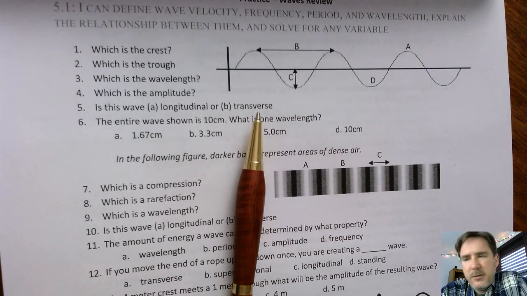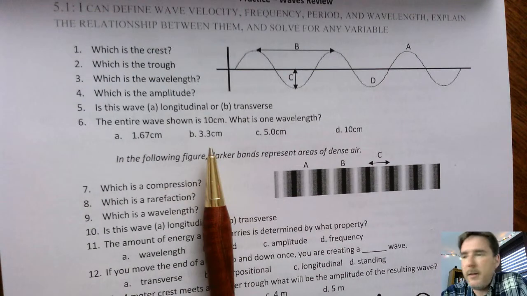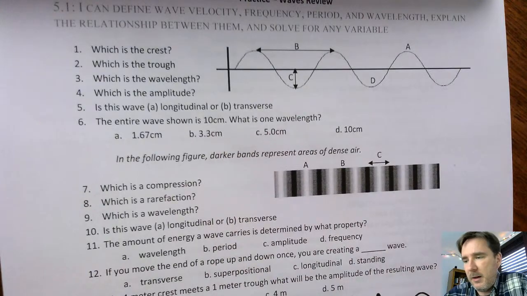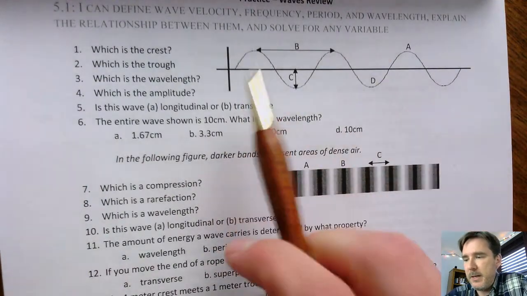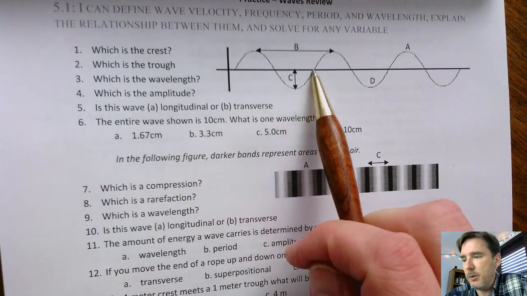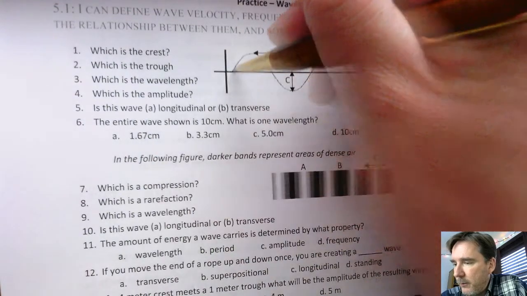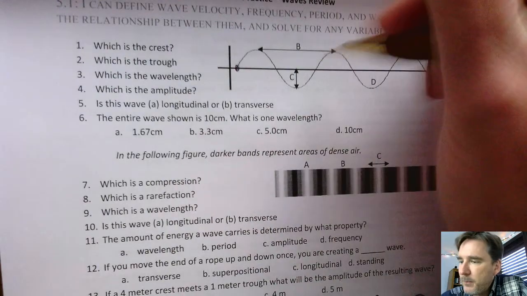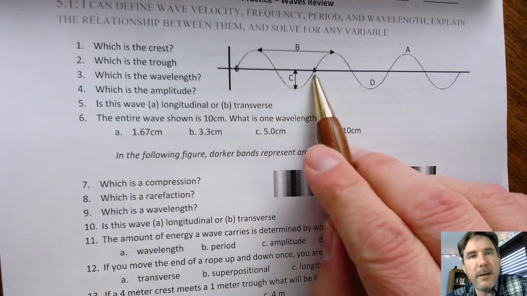So just make sure you can do that, and make sure you're able to calculate wavelength. Like this one says, if the whole thing is 10 centimeters, what's a wavelength? Well, like I said, one wavelength is the distance from the beginning of a wave to the beginning of the next wave. So if this is the beginning of the first wave, then the beginning of the next wave will be here, because it goes all the way up, all the way down, and back again.